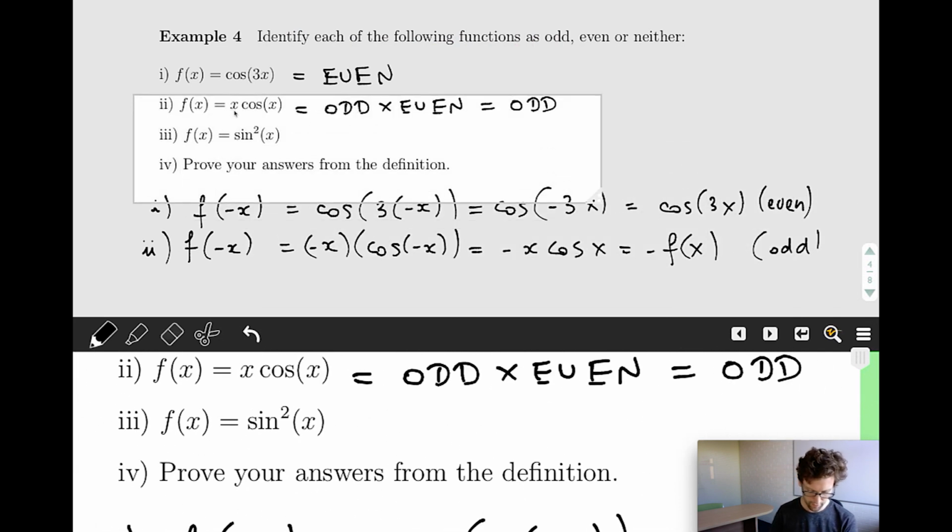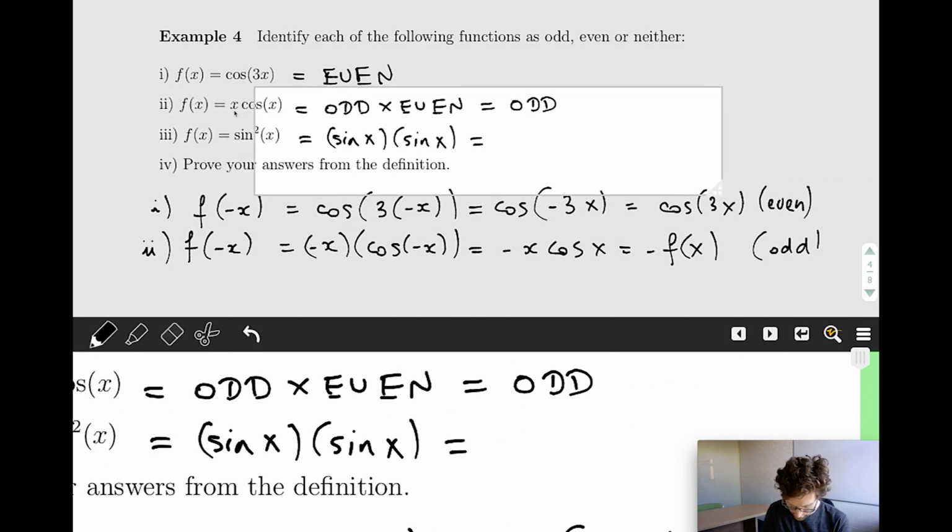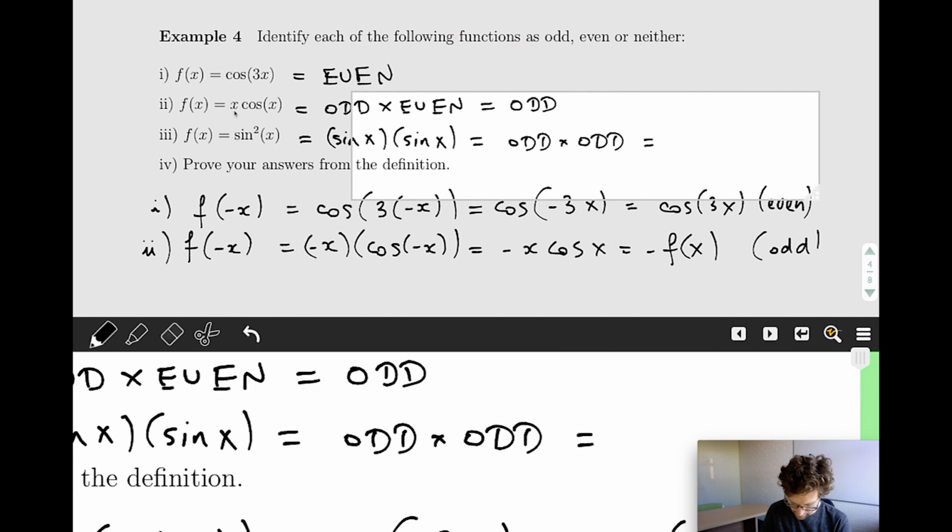Last one, we've got f of x is equal to sine squared x. We've got sine squared x is sine x times sine x. These are two odd functions. So that'll be an even function.